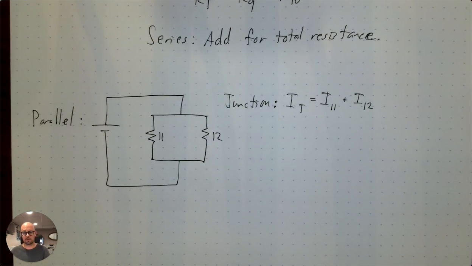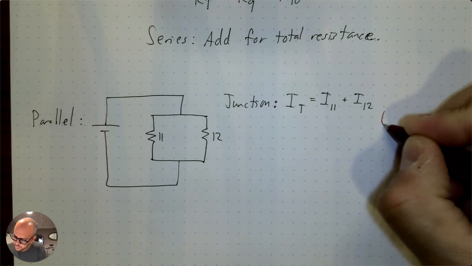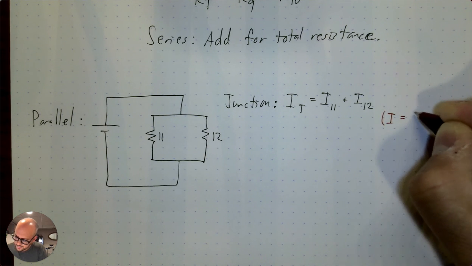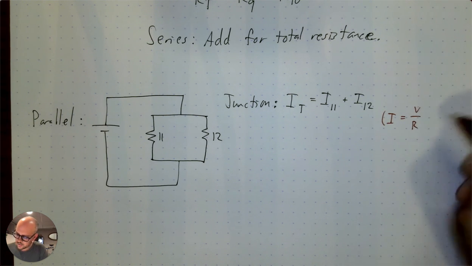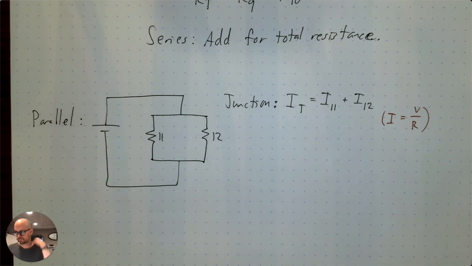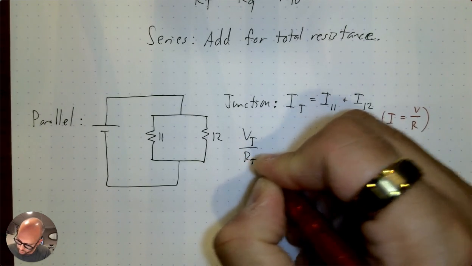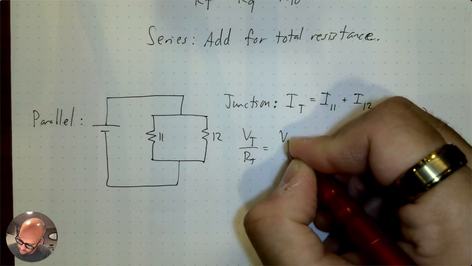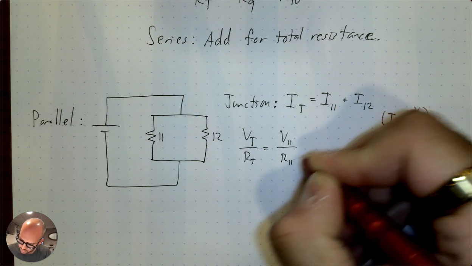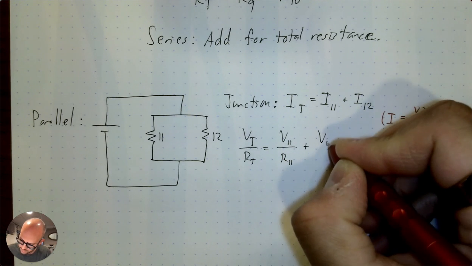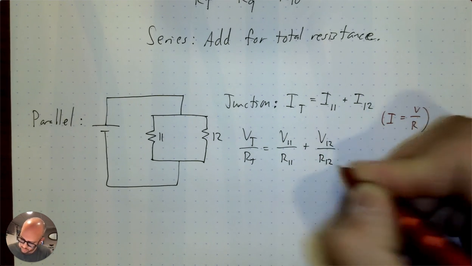Again, I have V equals IR, but because I have current here, I'm going to use I equals V over R. So I substitute, and I have now total voltage over total resistance equals V11 over R11 plus V12 over R12.